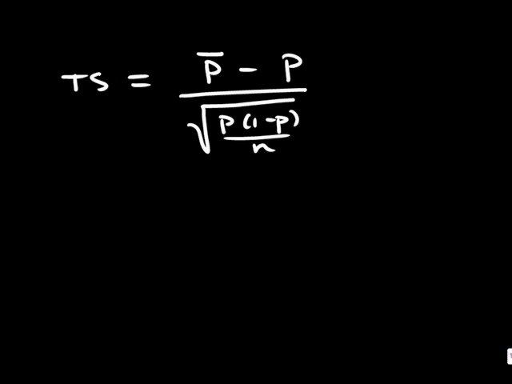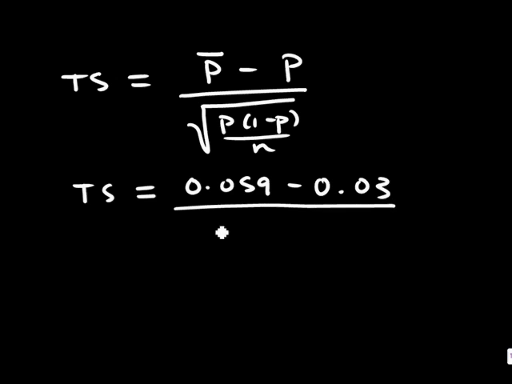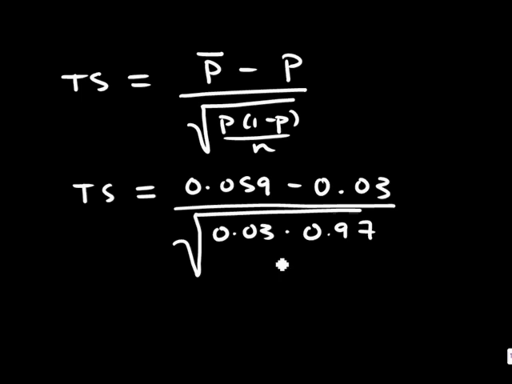So we're going to plug in these values: the 5.9% minus the 3% over the square root of 0.03 times the complement, which is 0.97, divided by 85.